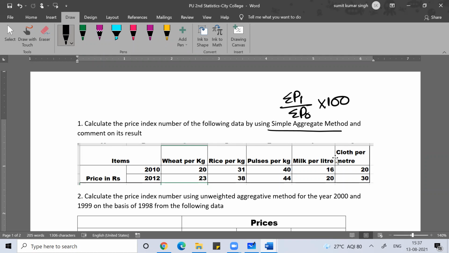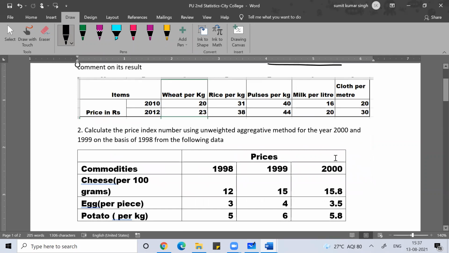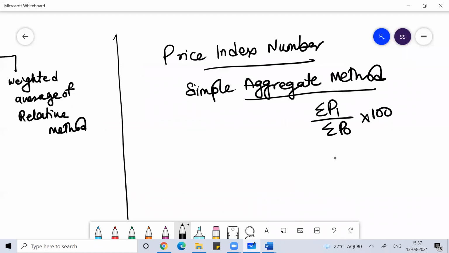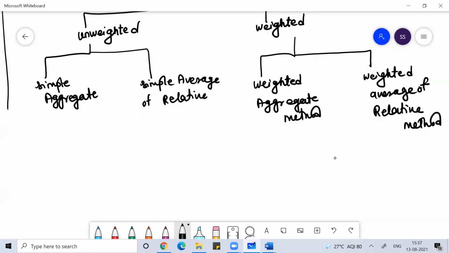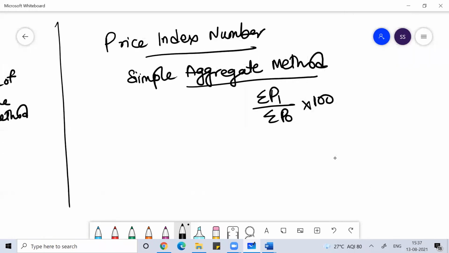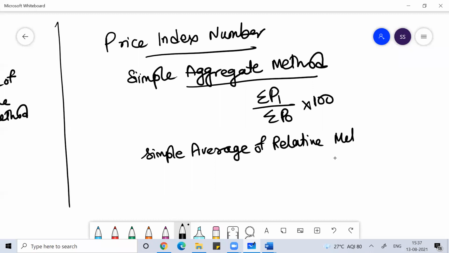Similarly, we have discussed the simple average method. One is the simple aggregate method, the other is the simple average of relative method.